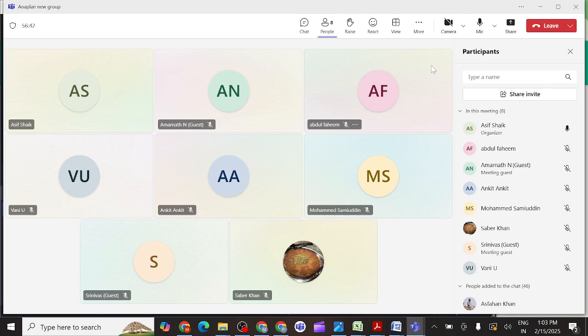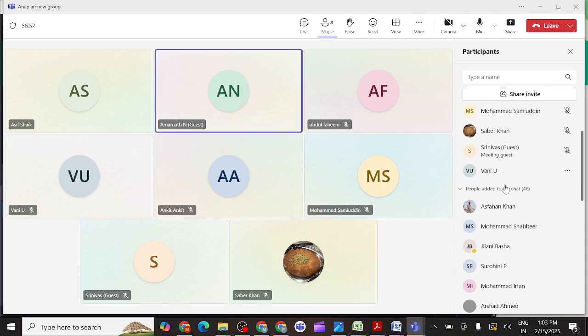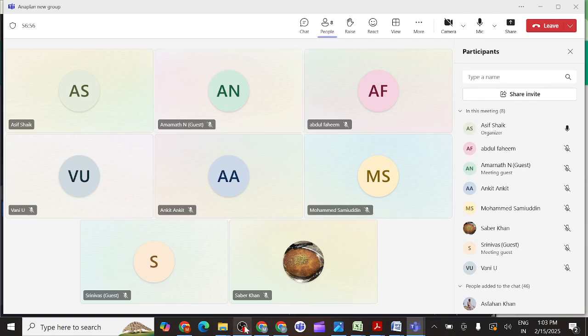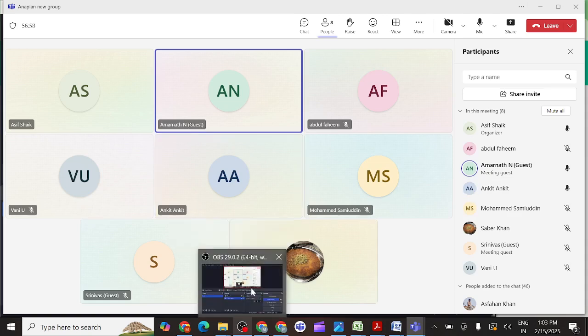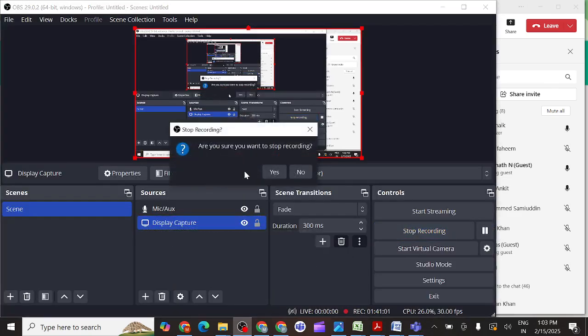Do you want to give? Anybody who didn't get a chance, do you want to give from the start? Amarnath, can you please respond? Yeah, we will discuss sometime.